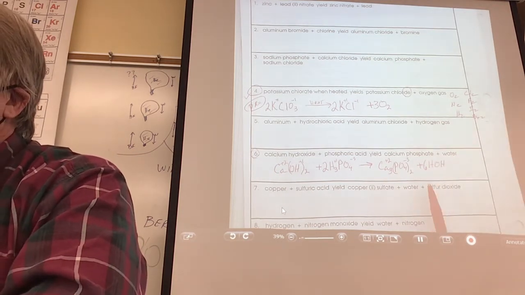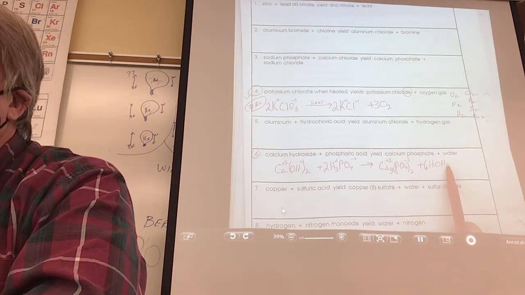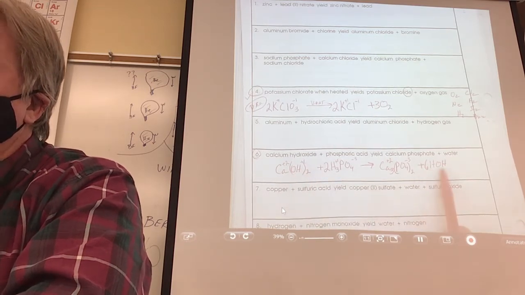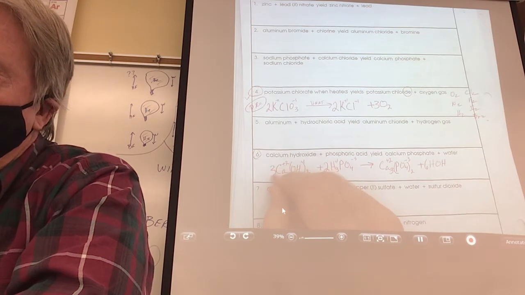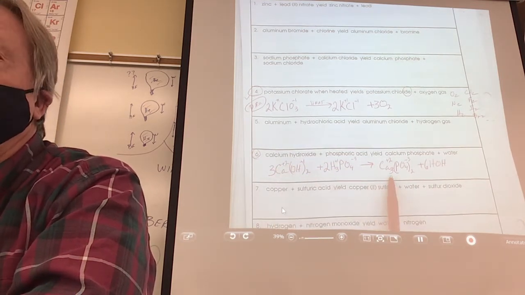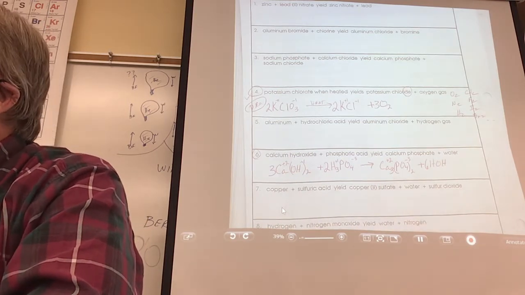But how many hydroxides does that give me? 6. 2 phosphates, 6 hydroxides. What are you going to do? 3 calcium. Oh, it worked out, didn't it? Now, can it be reduced?